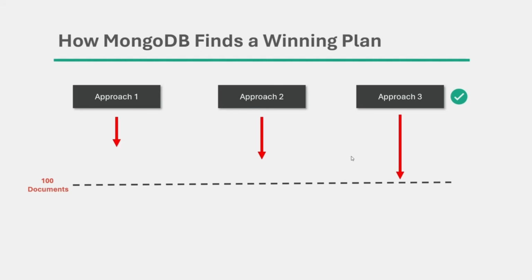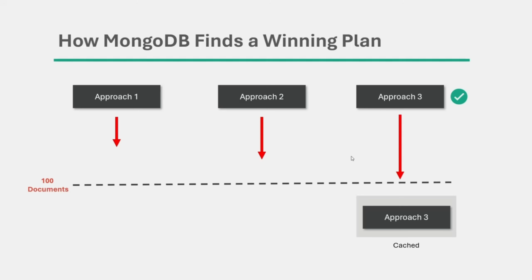Now, if MongoDB did this step for every query which we run, it would also affect the performance. So instead of finding the winning plan for each query, when it finds a winning plan for a given query, it caches that winning plan for this exact query. That means the winning plan is cached for an exact query with the same collection name, filter criteria and projected fields.